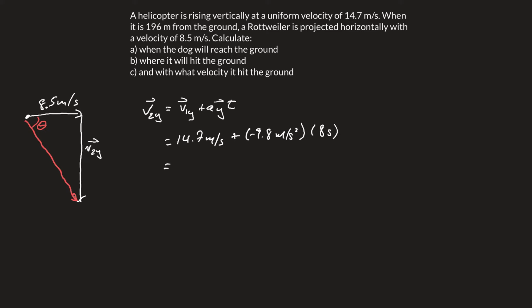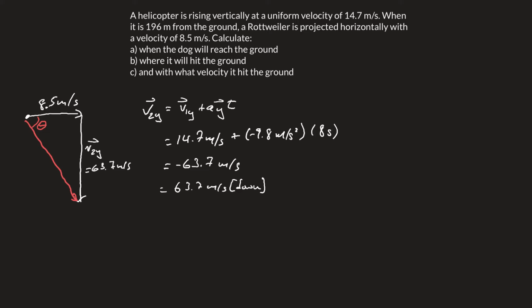So when we solve for all of this, we end up with negative 63.7 meters per second. This gives us 63.7 meters per second down. Okay, because again, we've defined negative to be down. So that makes sense because if we look at our picture, of course, that resultant vector is going down. So that leaves us here with 63.7 meters per second.